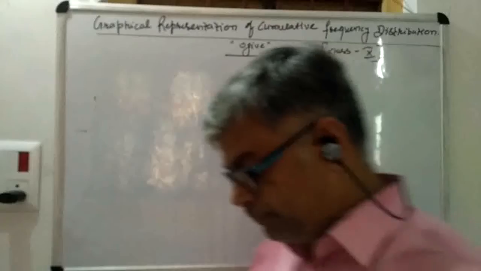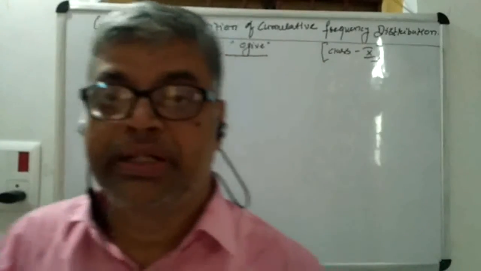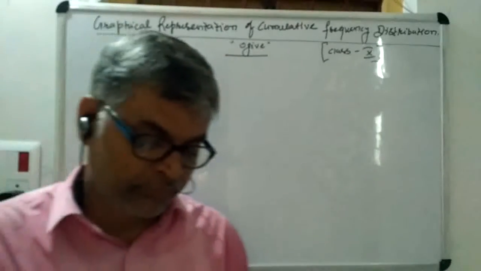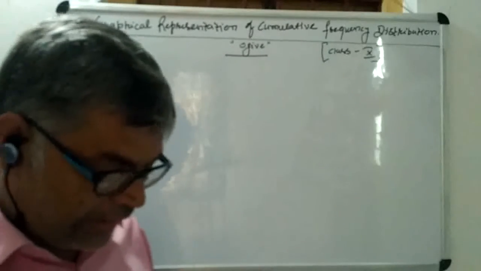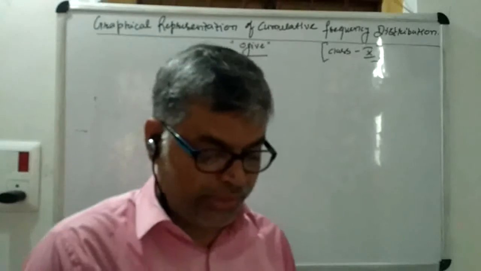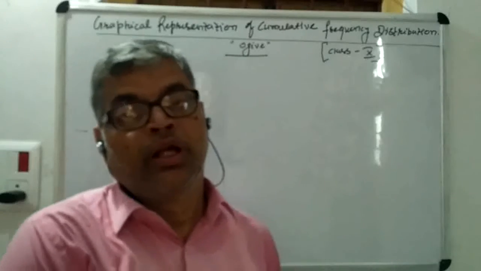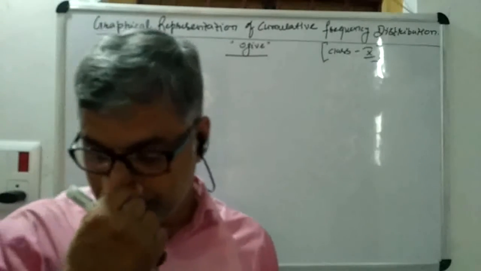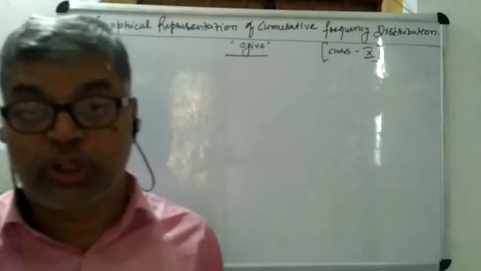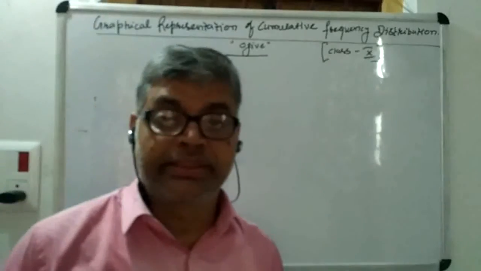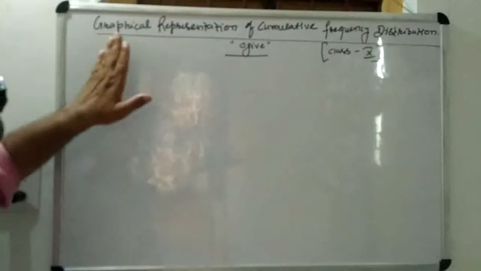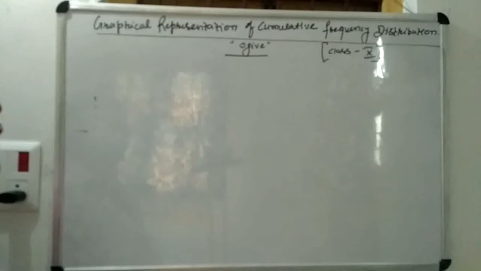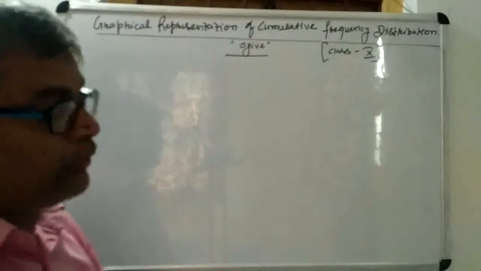Welcome to all of you. After completing the median of grouped data in exercise 14.3, now we come to the last topic of this chapter, statistics, which is graphical representation of cumulative frequency distribution.